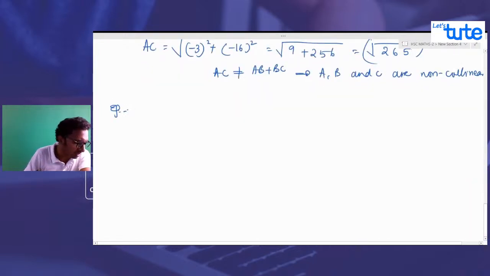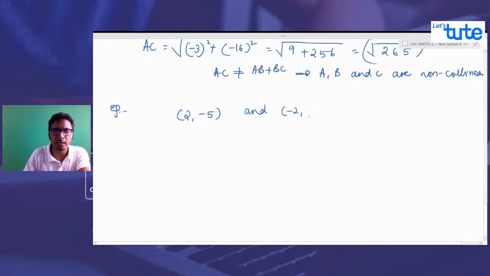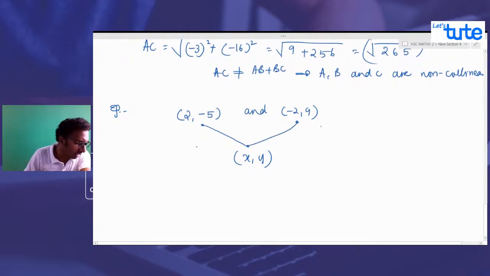So there is a question which says that there are 2 points, 2 comma -5 and -2 comma 9, and suppose here is the point and this is the point, and there is one more point which is unknown, we don't know. Okay, but we are informed that it is equidistant from both the points. So that's what they are trying to tell us.